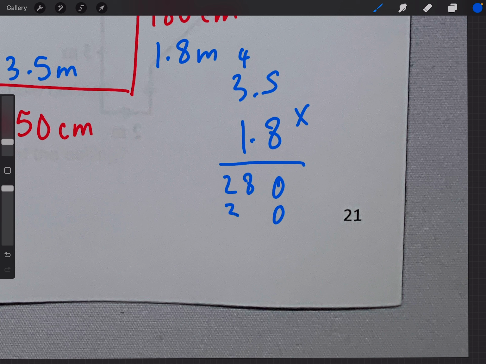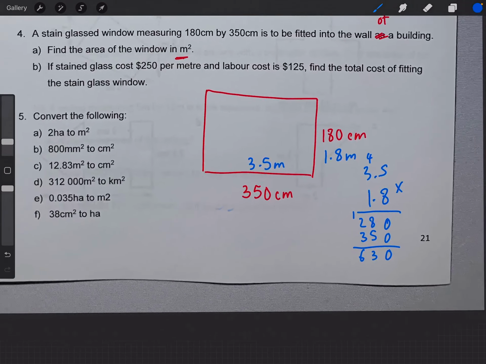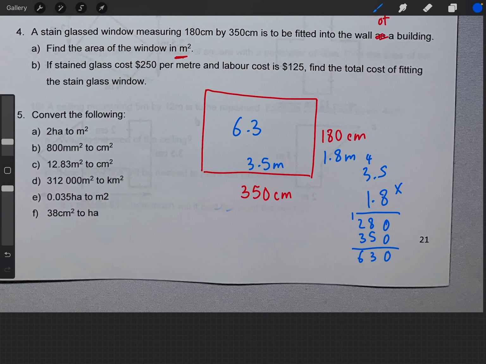Magical 0, and this is 35. And now we add them up. 0, 8 plus 5 is 13. And this will be 6. So the area is 6.3 meters squared.